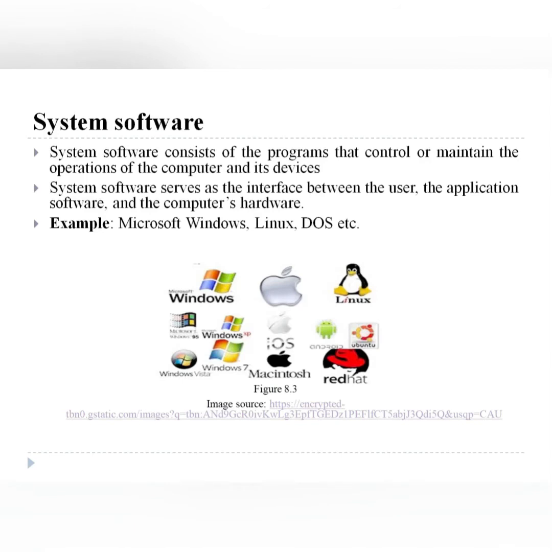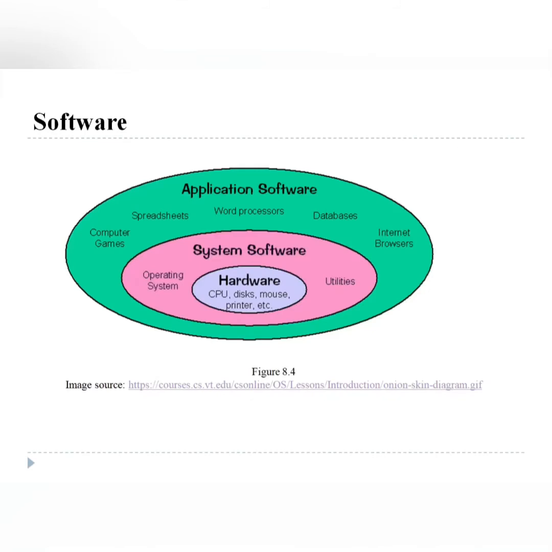These are all some examples of system software. System software acts as an interface between application software and system hardware. So we can say that without system software, the system cannot run.